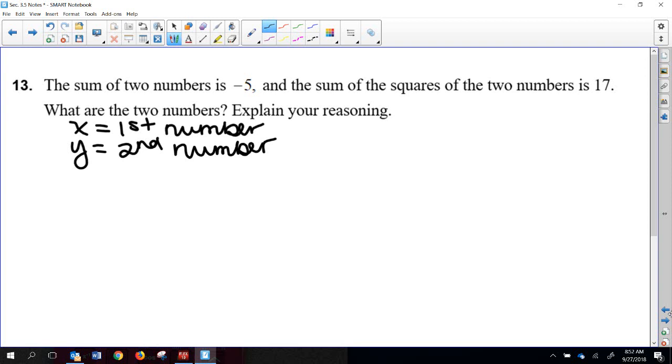Clara, do you have the equations? x plus y equals -5, x squared plus y squared equals 17. Very good.